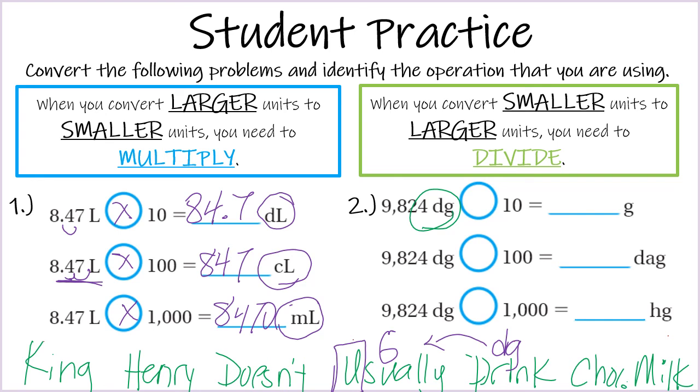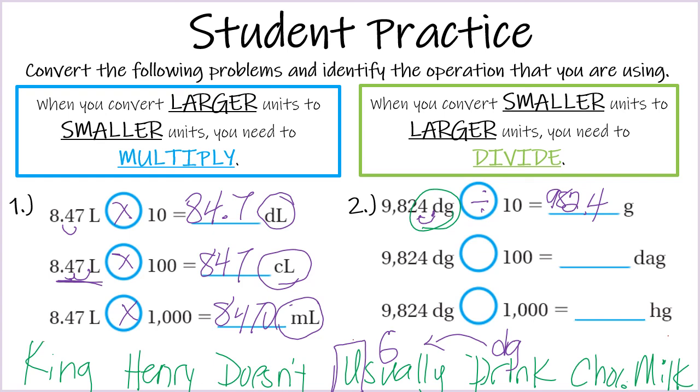So when we're moving to the left one spot, we are dividing. Remember, donkeys love, divide left. So if we move one spot to the left, our decimal is at the end of this number. If we don't see it, we're going to move it one spot over, and we get 982.4 grams.